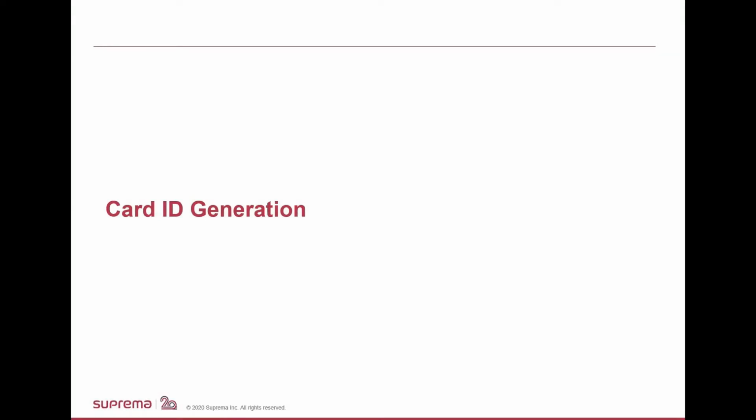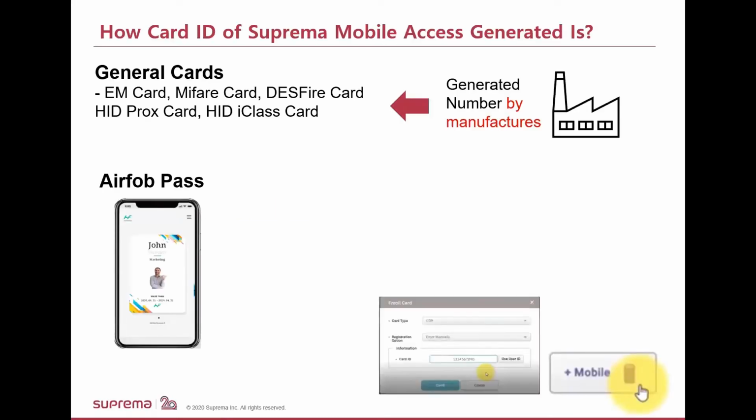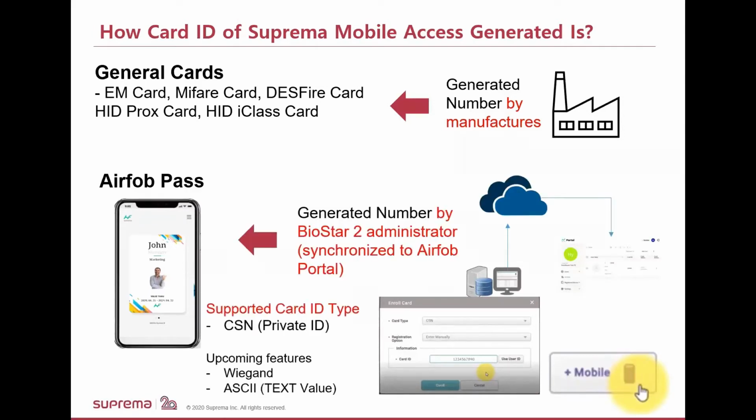What is the difference between the general card and AirFob Pass card number generation? The card numbers of the EM card, MIFARE card, and HID cards, as we know them, are all made by the card manufacturer and programmed into the card.